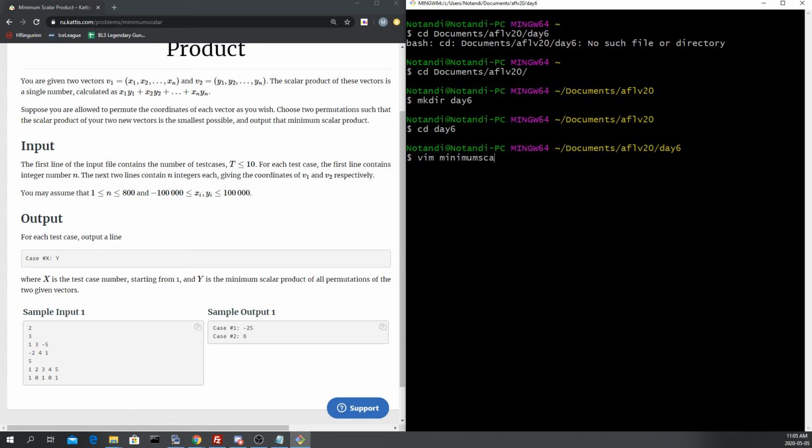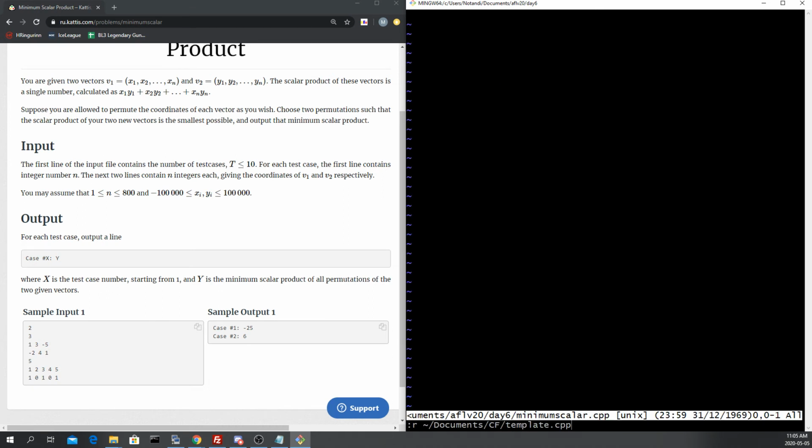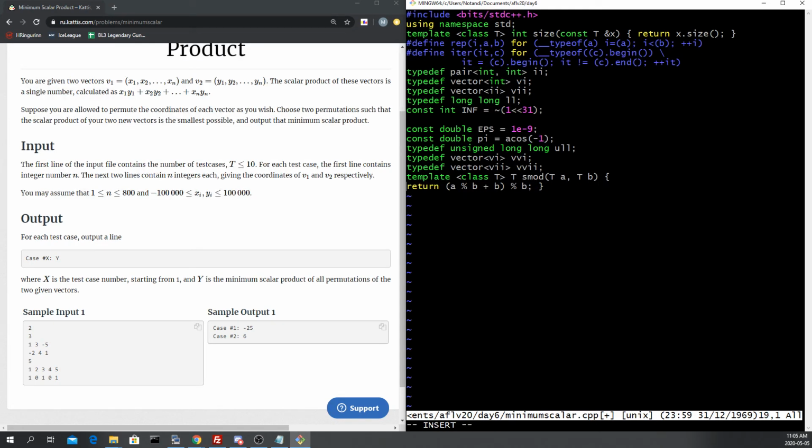So it's called minimum scalar. Okay, and we get up to 10 test cases per input. So we'll have to read that in.